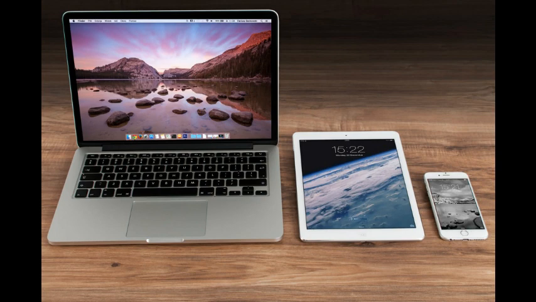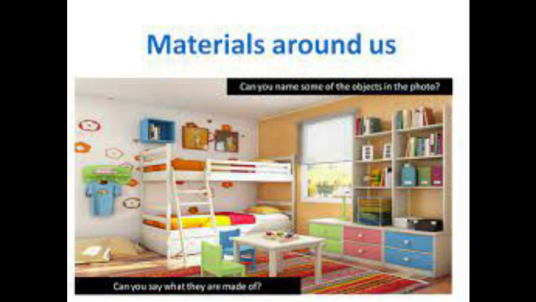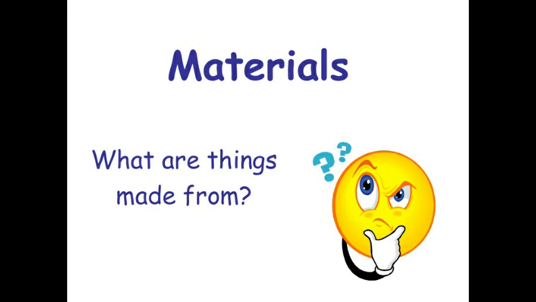If you look at your mobile and computer, the shape is different, size is different, color is different. Am I right? But all the objects are made up of one or more materials and have different properties.